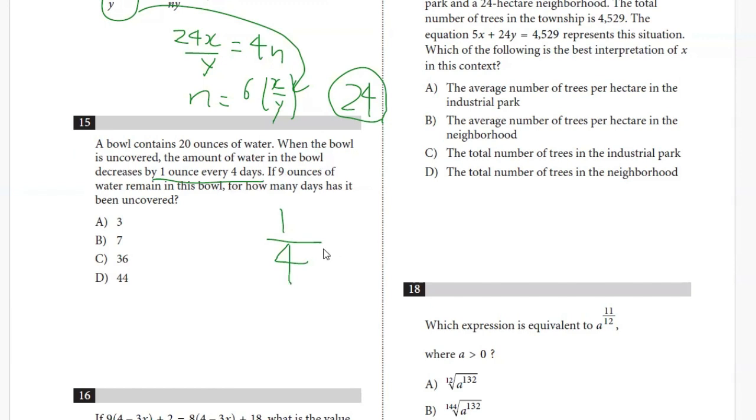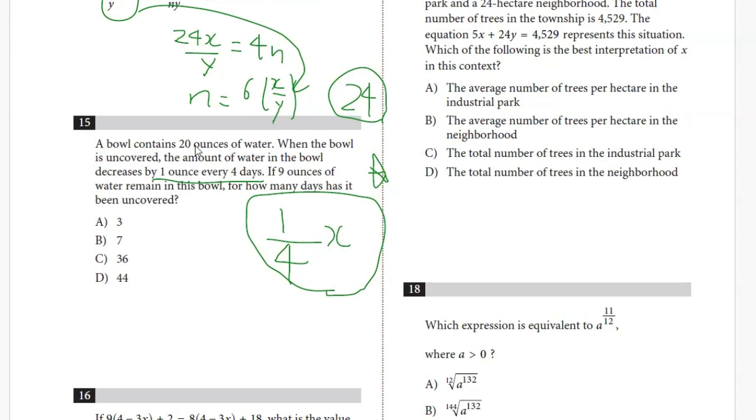So if you encounter a question like, let's say, every 10 days, 15 days, or 20 days, you'll want to put the number of days in the denominator. Then I'll multiply by x here. So just keep that in mind.